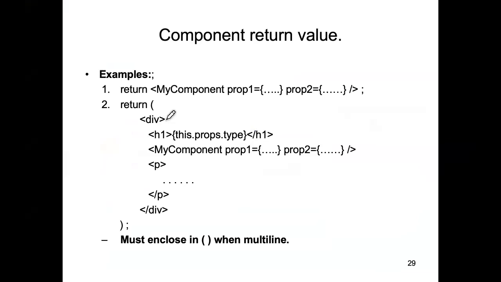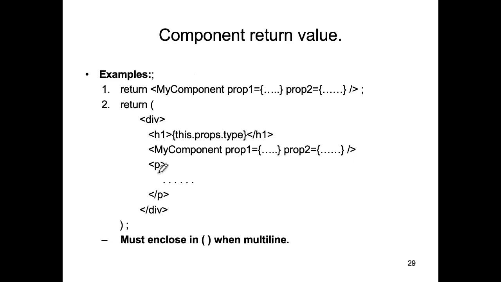Okay, so a component returns JSX, but it can only return a single JSX element, right? Or a component can actually return another component, but it's this idea that it can only return a single element.